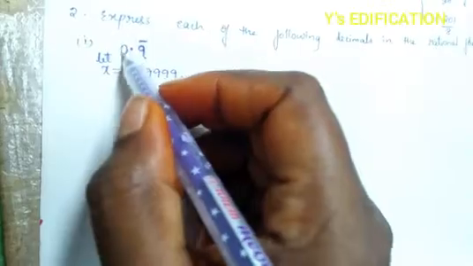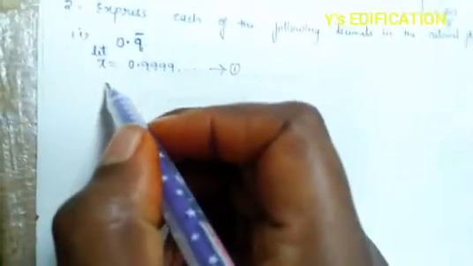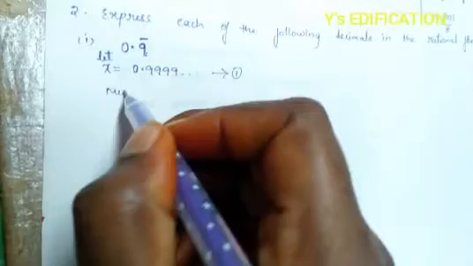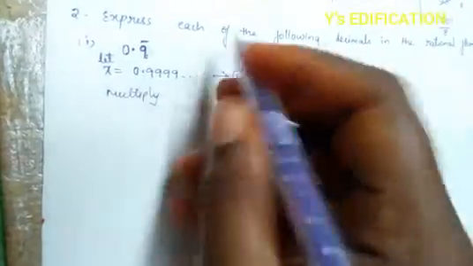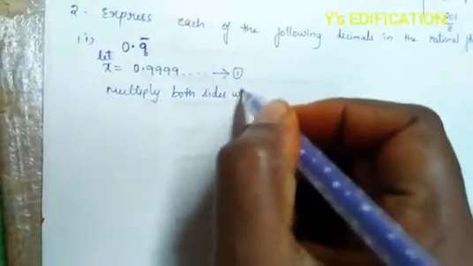So in 0.9 bar, 9 is the period and 1 is the periodicity. So I have to multiply both sides with 10, because my periodicity is 1.